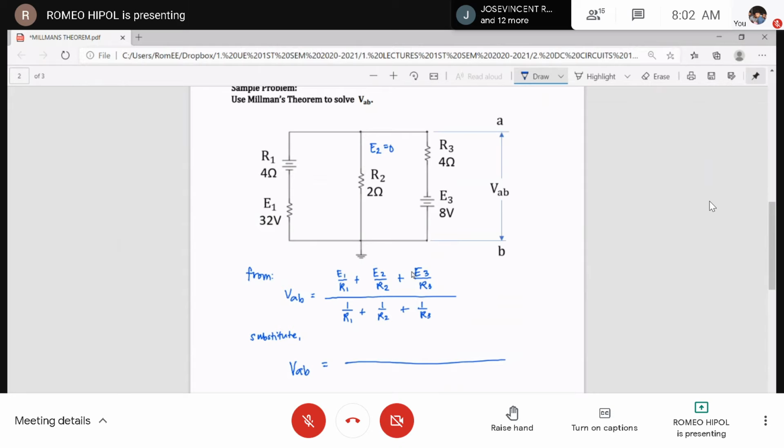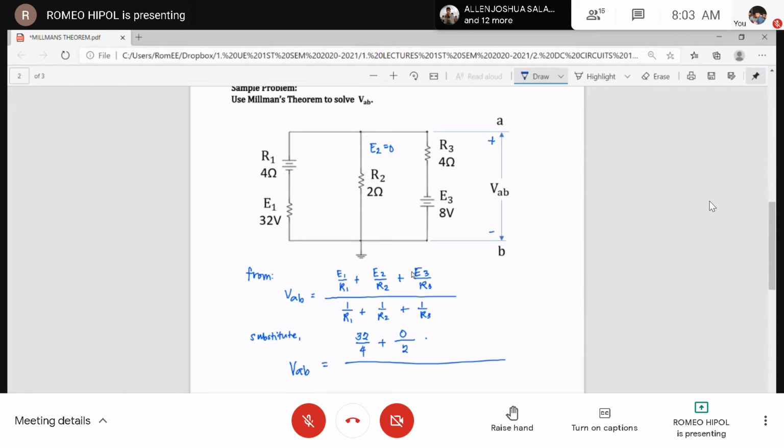So we will set positive terminal across terminal A and negative for the terminal B. Okay, in this case, we will substitute E sub 1, which is equivalent to 32 over R sub 1, so 4 ohms, plus, again, E sub 2 is 0 divided by R2.